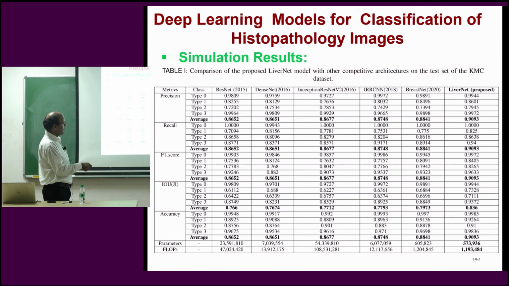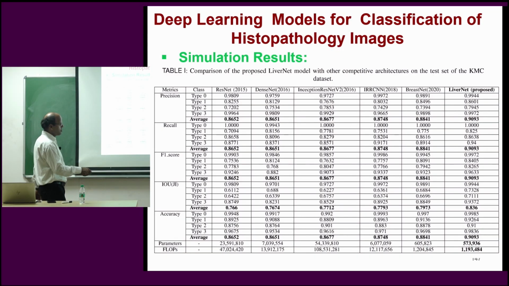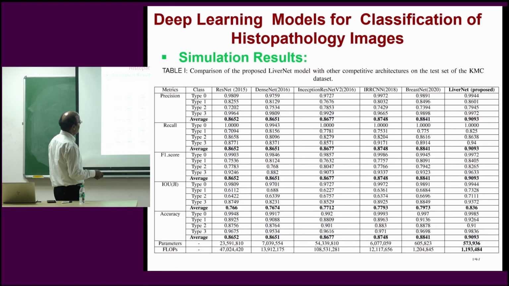IOU is not much relevant, but at that time we reported it, we thought that's not important, but accuracy is most important whenever you do a classification task. Parameters, if you see, are lower than any other model reported here, and FLOPs are also lower in our model that we designed.